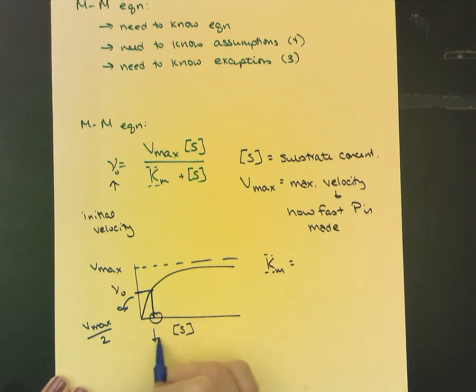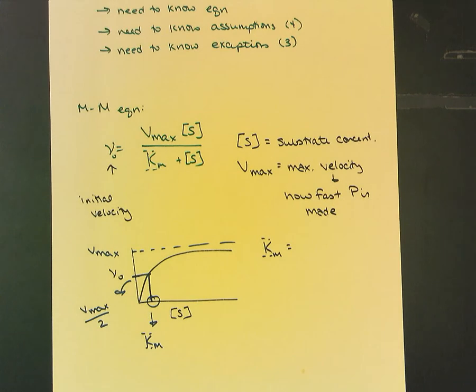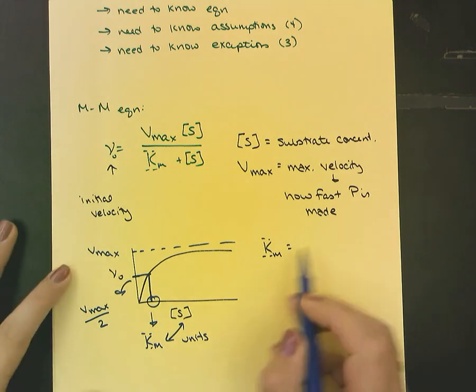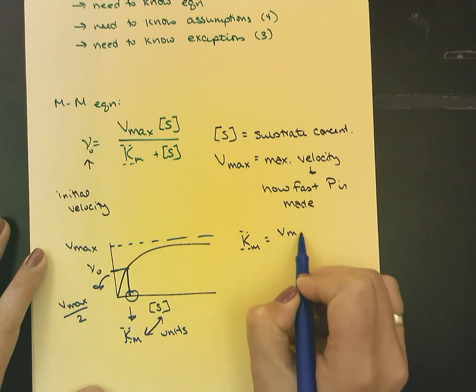And where that hits, that is Km. If that is true, what would be the units of Km? Whatever, right, concentration. It'd be whatever the same units for whatever the units for substrate were, are now your units for Km. So it should be a concentration like molarity, micromole, parts per million, something. Okay, so one definition of Km is that it is Vmax over 2.